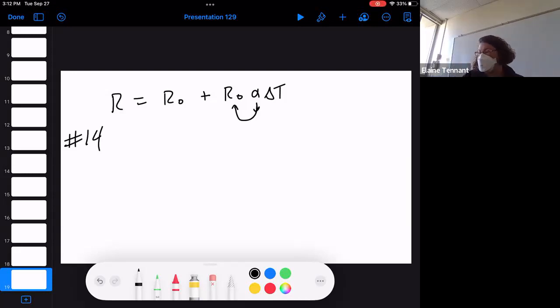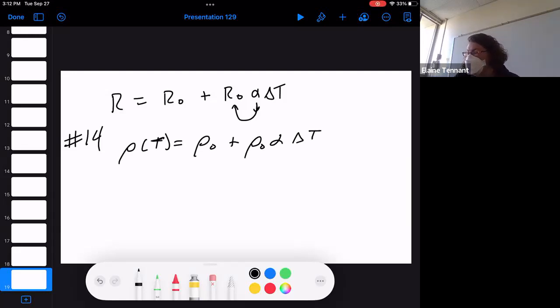It doesn't tell us what kind of object, but it says, okay, I have this resistivity, rho naught plus rho naught alpha delta T. And then they tell us that the alpha of this particular substance is -3.9.5 times 10 to the -3, 1 over coulombs. And it gives us a resistivity and a T naught as well. And then it'll ask for, we're going to increase the temperature, and we're going to talk about how that affects this.